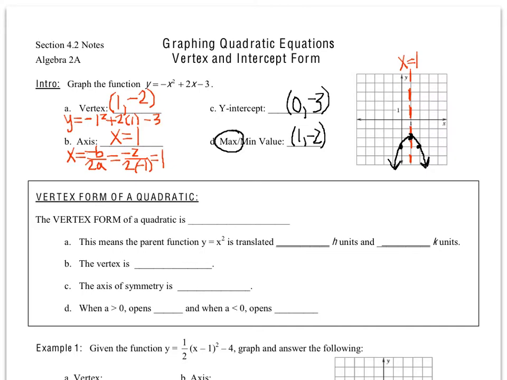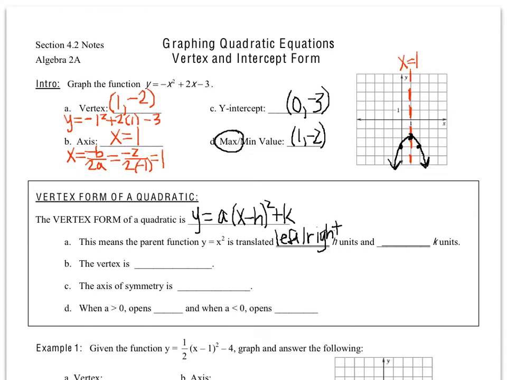So let's talk about vertex form of quadratic. The vertex form of a quadratic looks like this. It's y equals a times the quantity x minus h squared plus k. This means that our parent function, y equals x squared, is translated either left or right h units.